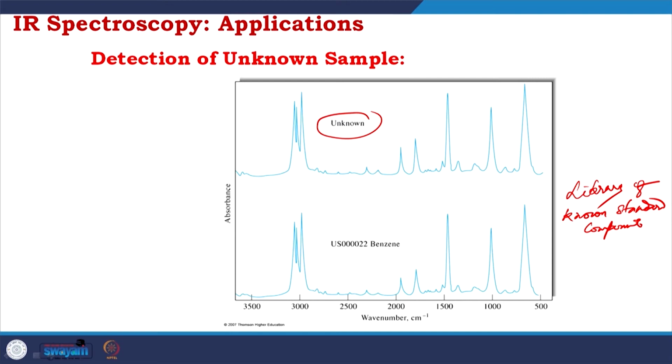Now, you match them, if it matches, you know what type of sample it is. Like if you see here, there is an unknown sample, we plot this sample against absorbance in the y axis and wave number in the x axis, and we get the spectra. The spectra exactly match with benzene. So, we know that this unknown sample is benzene. It is very easy, very convenient in detection of unknown sample.